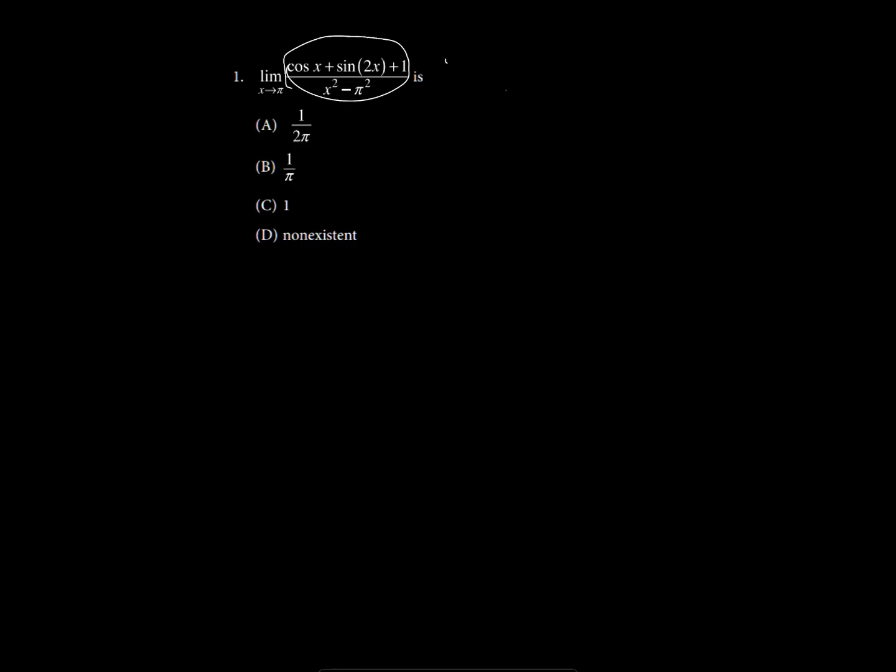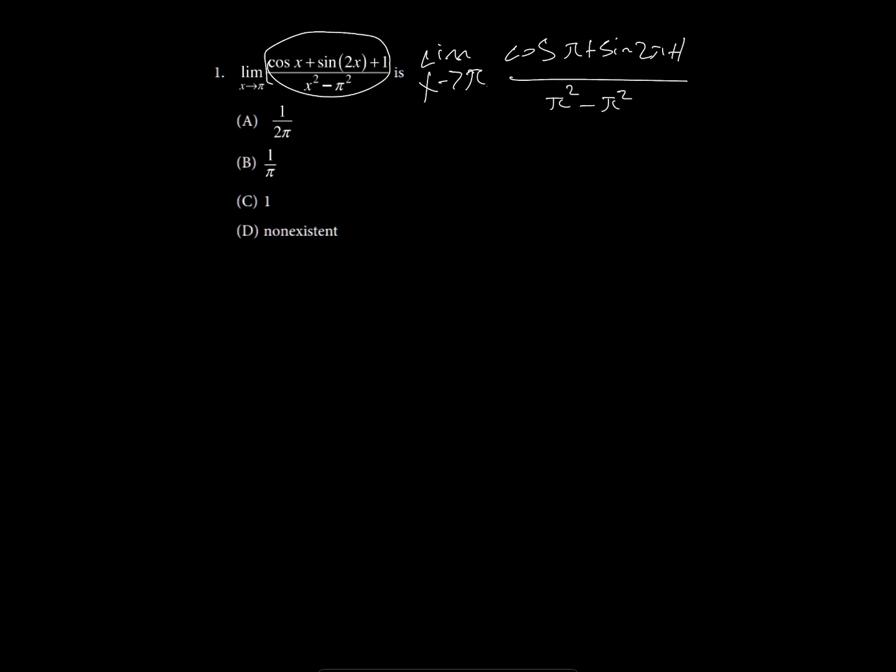We have the limit as x approaches pi of cosine of pi plus sine of 2 pi plus 1 over pi squared minus pi squared.